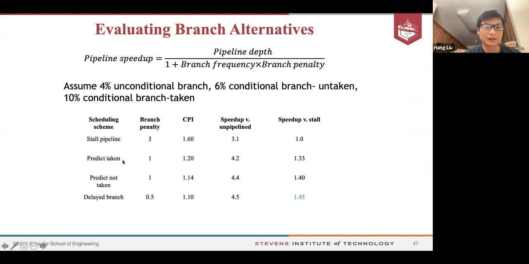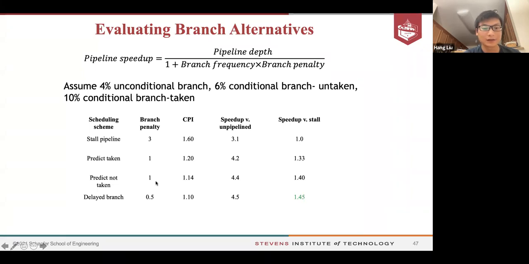Predict taken: branch penalty is 1, CPI is 1.2, speedup over unpipelined is 4.2, speedup over stall is also better, 1.33.